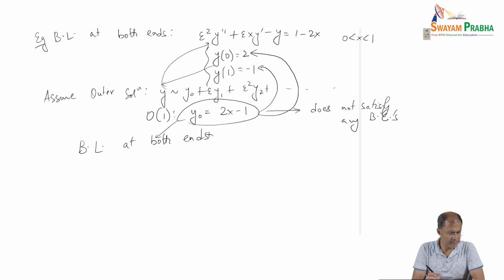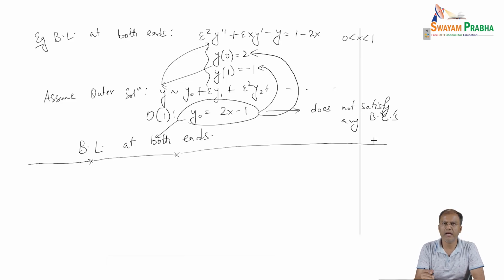Okay, so let us now assume boundary layer at both ends and see how to figure out the solution. So this was step 1 earlier. We checked that there is boundary layer on the left as well as on the right.